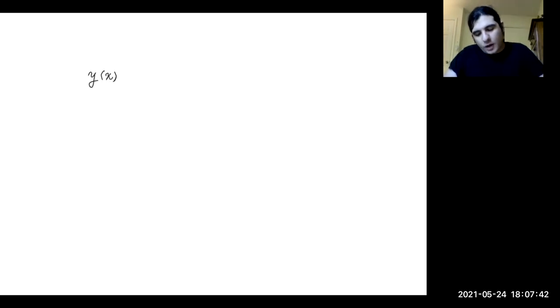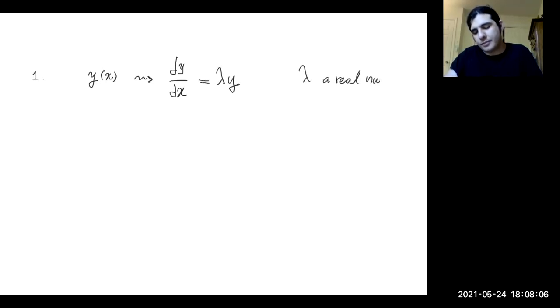We are looking for y of x such that if we take the derivative of y with respect to x, that's the notation we would use, the derivative of y with respect to x, it would be lambda times y, where lambda is just a real number. Probably you might have seen this example before. If you haven't, that's okay. We would go over that.